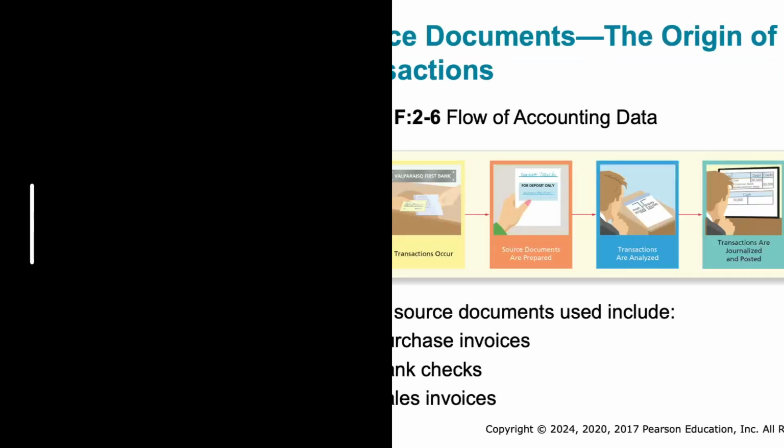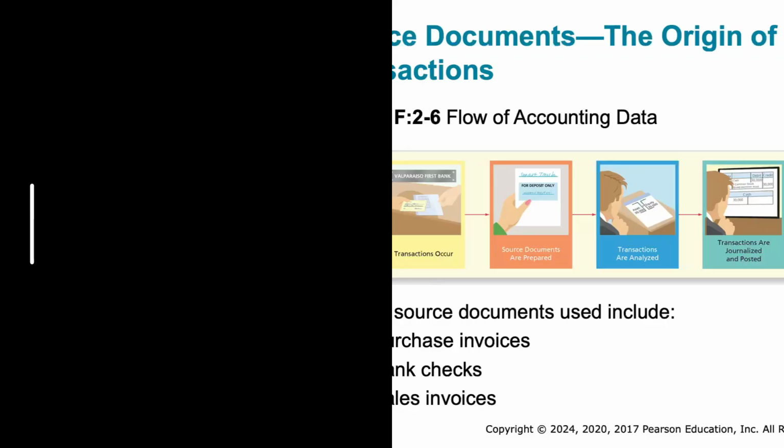So the flow of accounting data: first the transaction occurs, there was a purchase, there was revenue made, there was some kind of service provided, and then we have a source document, right? Here there's a bank deposit, they deposit the money into the bank, and they get a deposit slip, and then transactions are analyzed. The deposit slip is then given to the accountant.